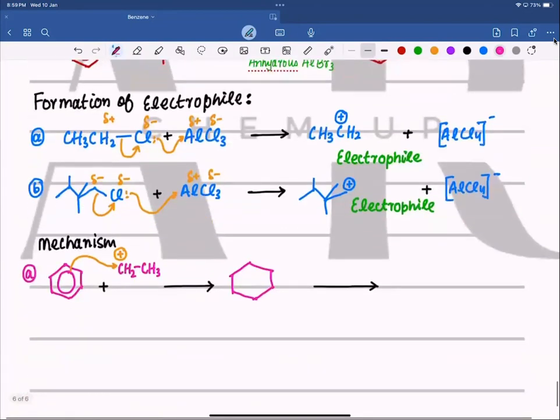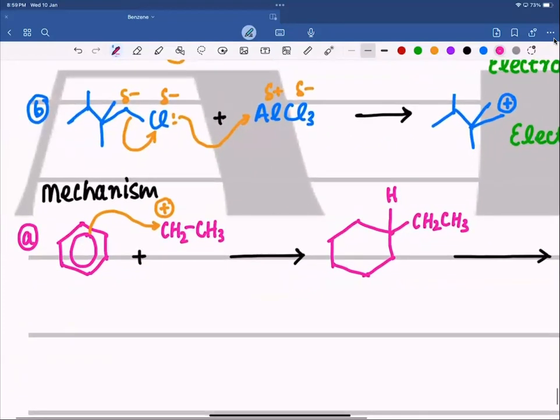In that intermediate, the electrophile alkyl chain is now bonded to a carbon, and all of these carbons have one hydrogen with them. Two of the electrons from the pi ring system are provided to this alkyl chain, so the pi ring system is disturbed for the time being. So we make the half circle and the positive charge to show this intermediate.